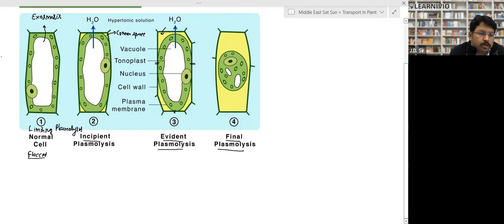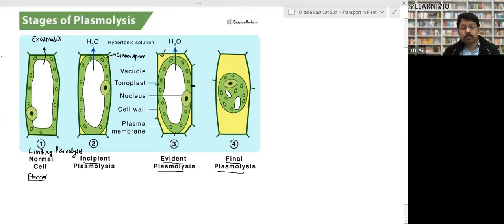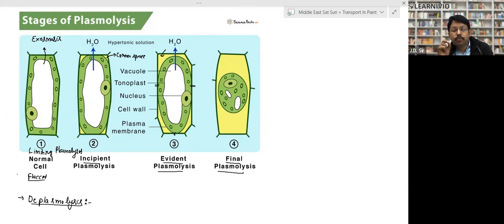One more point. There is an opposite process. What is deplasmolysis, right? So put the next heading, deplasmolysis. Suppose you have plasmolysed the cell, and again you put the same cell in pure water or in hypotonic solution.